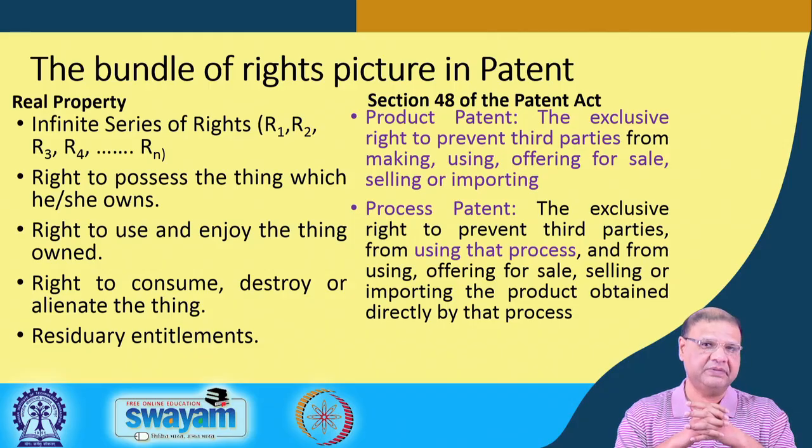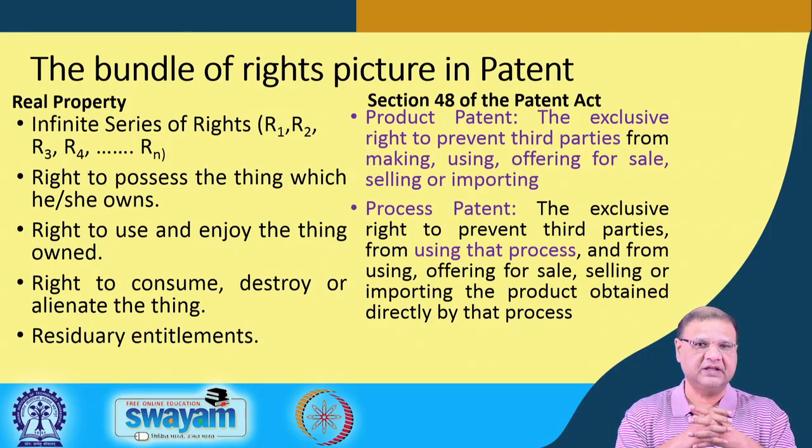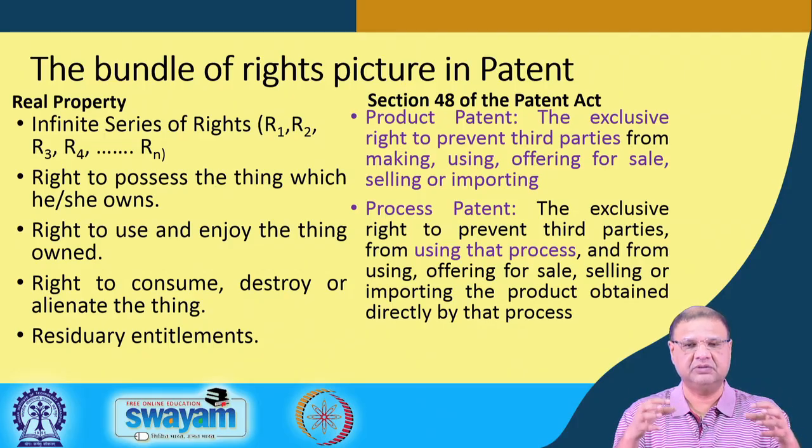And when the patentee owns a process patent, he or she has the exclusive right to prevent third parties from using that process, and from using, offering for sale, selling or importing the product obtained directly by that process. So, here section 48, which is the right conferring provision in the patent law, makes a distinction between product patent and process patent, and it talks about an exclusive right to exclude others, not an exclusive right to do.